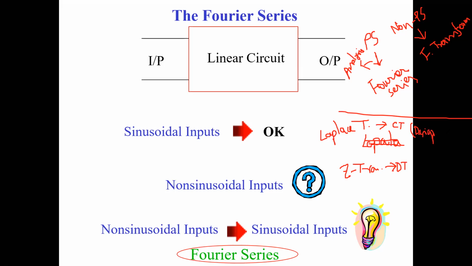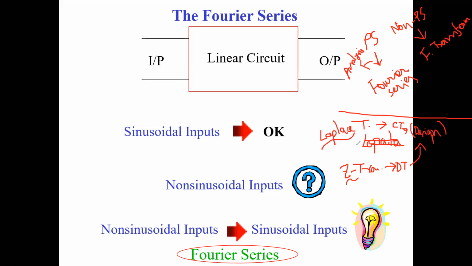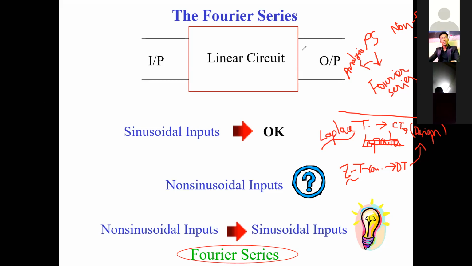So Laplace transform and Z transform are required to design the system, in continuous time or in discrete time. But Fourier is used for analysis. Two things: analysis and design. This is the basic thing, try to remember.